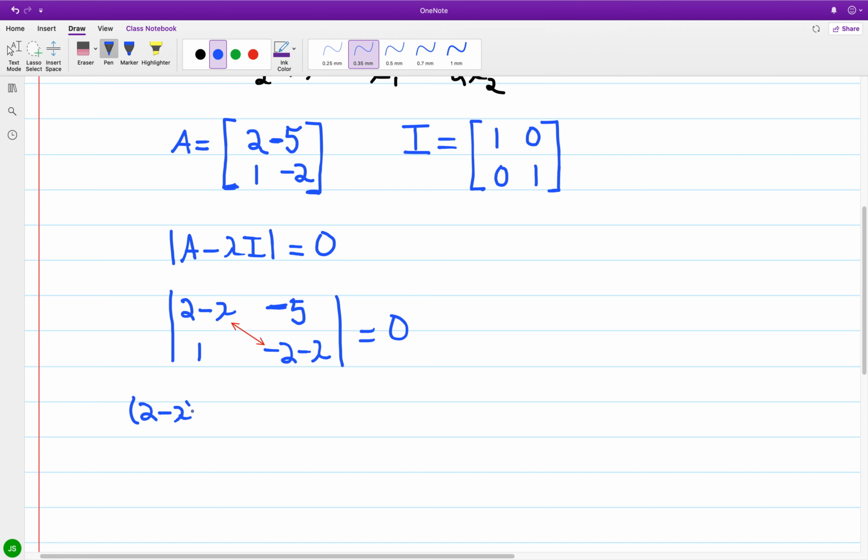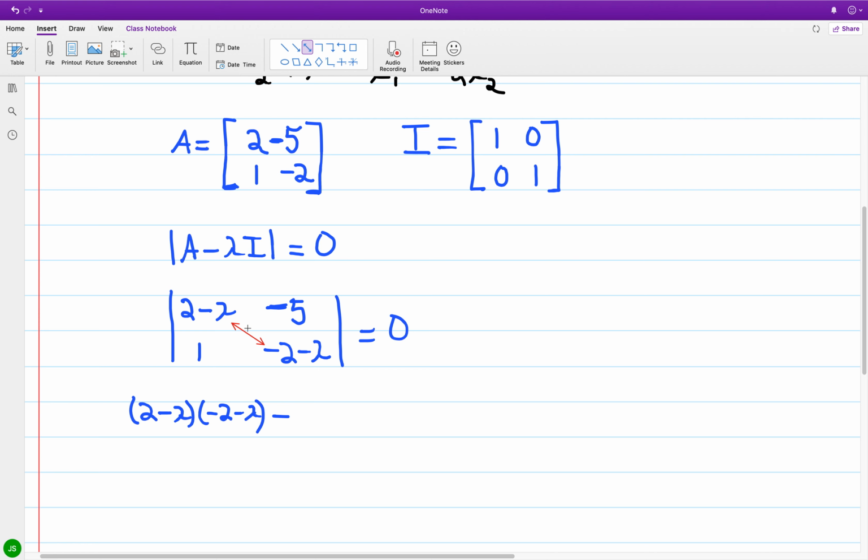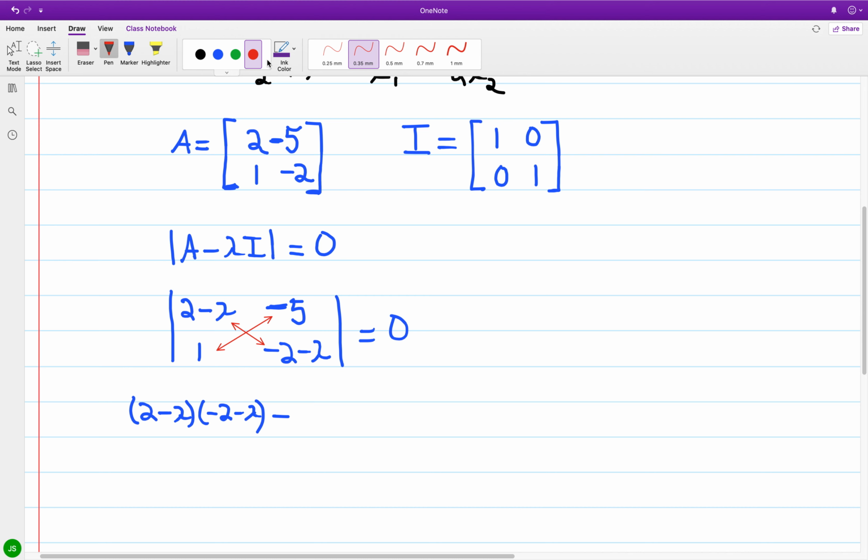First of all I have 2 minus lambda quantity times quantity of -2 minus lambda, and with the other diagonal we're going to be deducting the product. So we now have minus 1 times -5 is equal to 0.